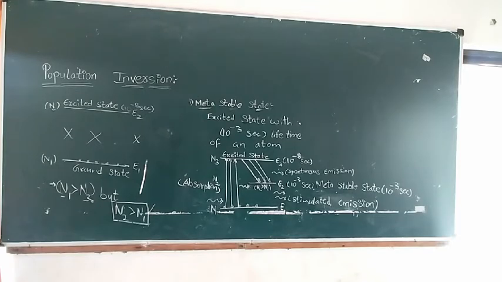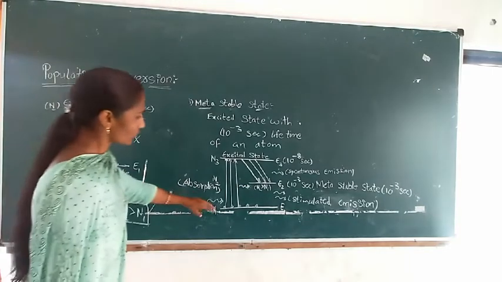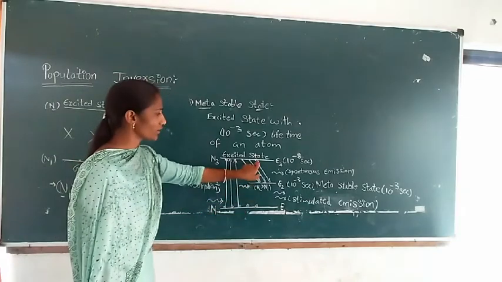So kindly focus, what is a metastable state? The excited state which has a lifetime of 10 to the power of minus 3 seconds for an atom, or otherwise, the excited state which is used to achieve population inversion is known as the metastable state. Here we are considering 3 energy level systems: E1, E2 and E3.